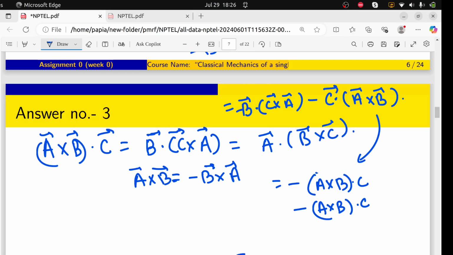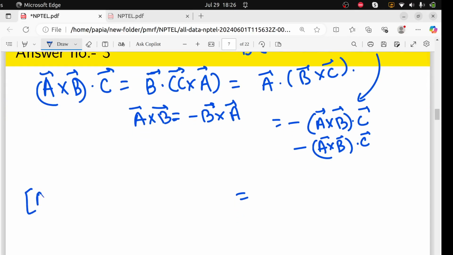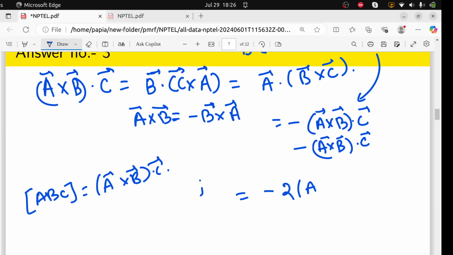Now, in the short notation, A cross B dot C is ABC. So I can write it as minus 2 into A cross B dot C, which is nothing but minus 2 into ABC.